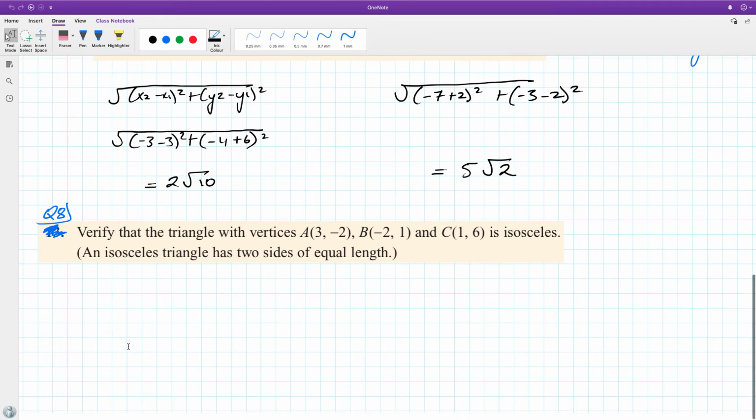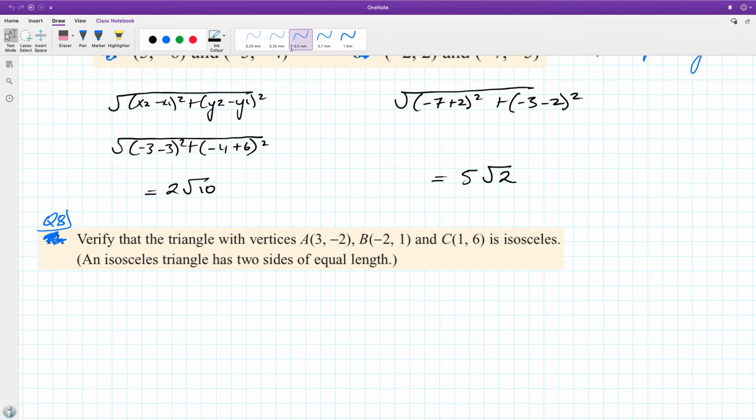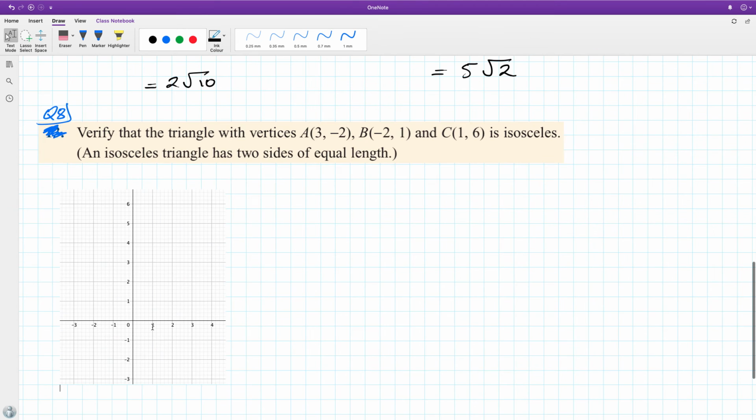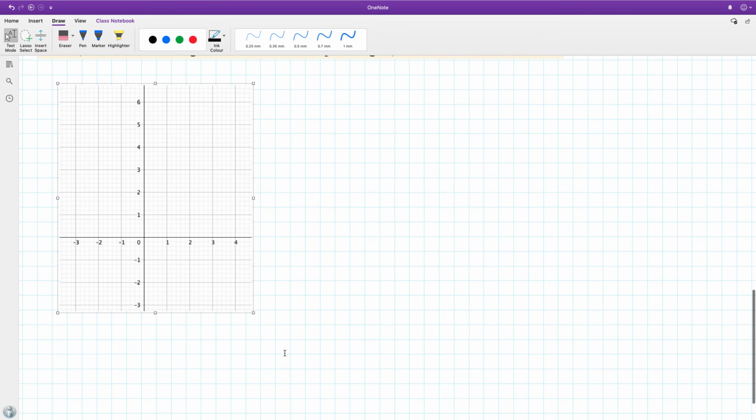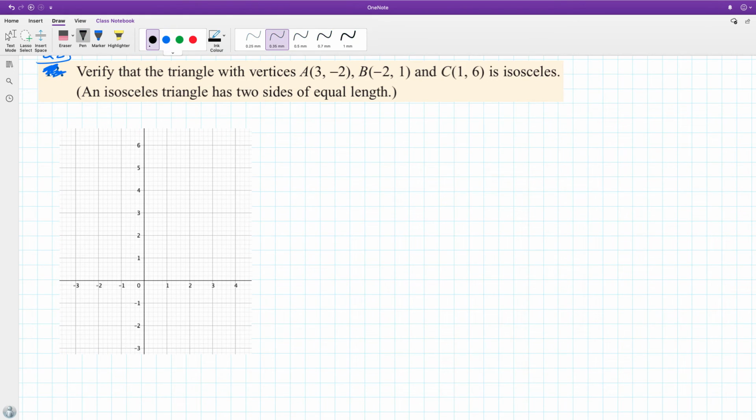Right, let's have a little look at it. I'm going to plot my points first of all so I can have a quick go at what I think it is. So 3, minus 2 is out to 3, down to minus 2. That's A. Minus 2, 1, out to minus 2, up to 1.